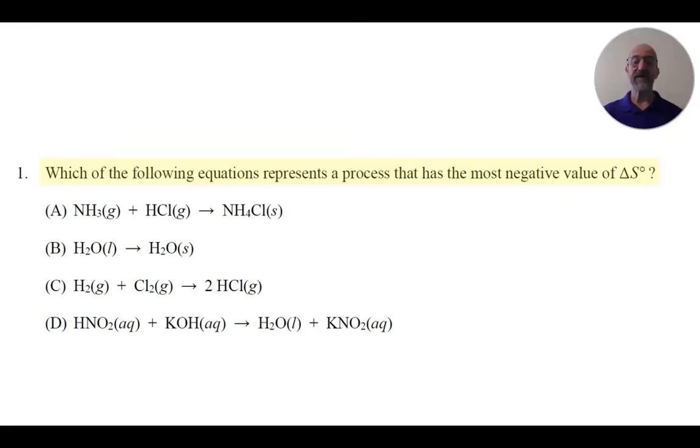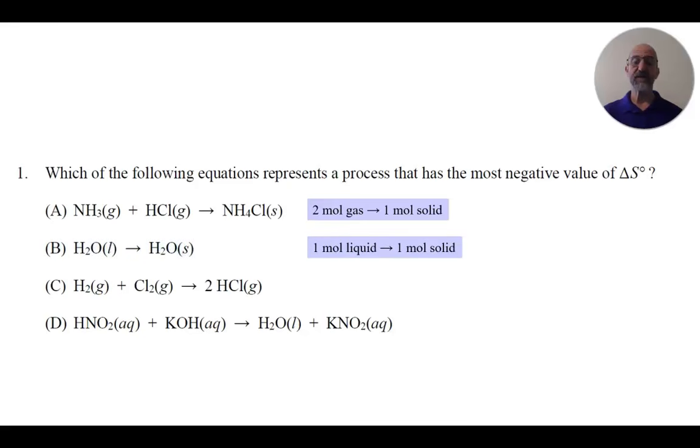Now, starting with choice A, just looking at the phases of matter and the number of moles of each substance on the left side and the right side of the equation, we can see in choice A, I have 2 moles of gas, and they're changing into 1 mole of solid. And with choice B, I see 1 mole of liquid changing into 1 mole of solid.